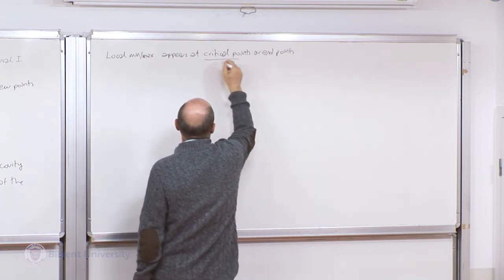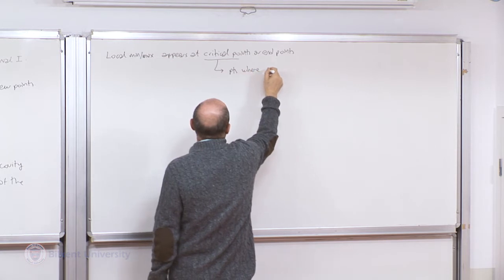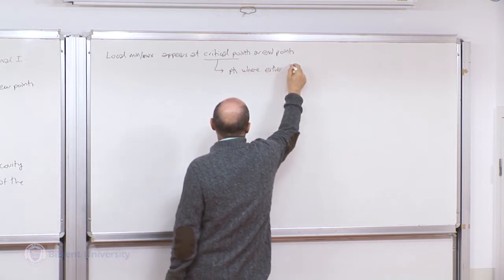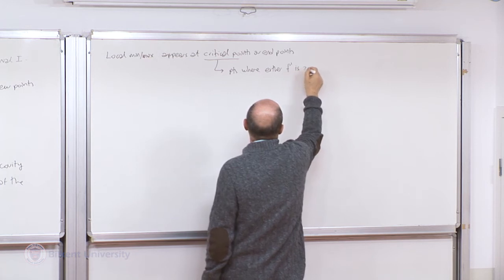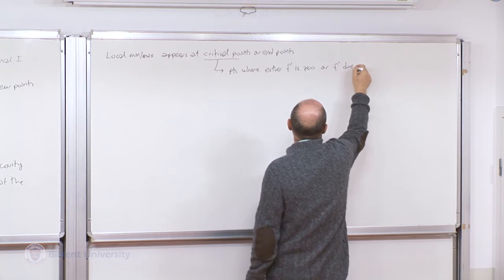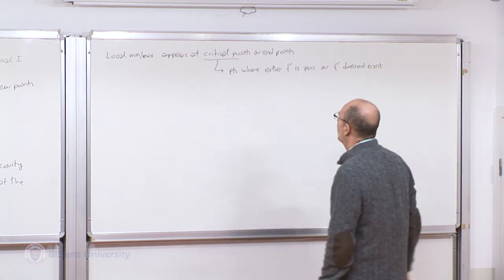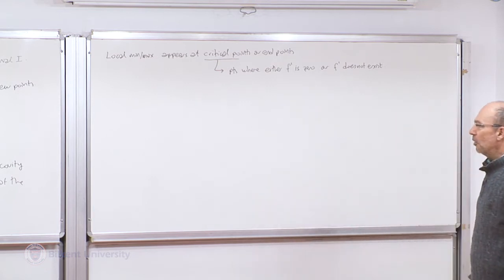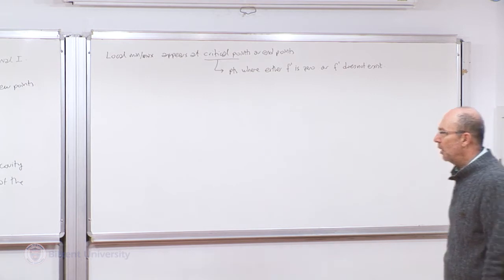Critical points are points where either f prime is 0 or f prime does not exist. So that takes care of technically what we want to do there.